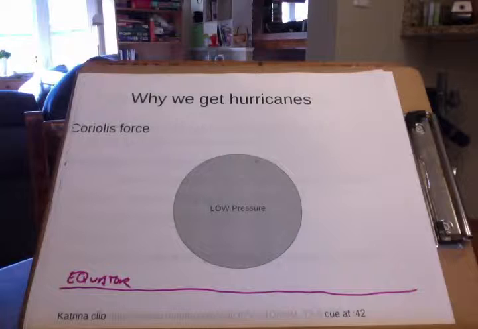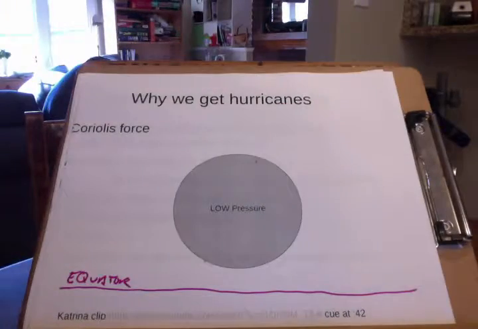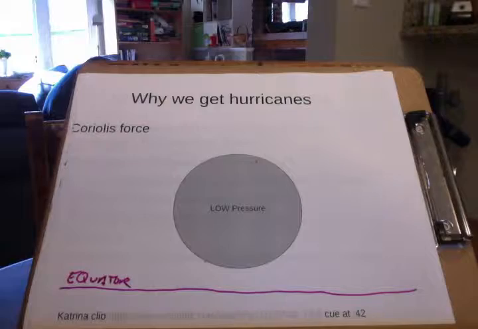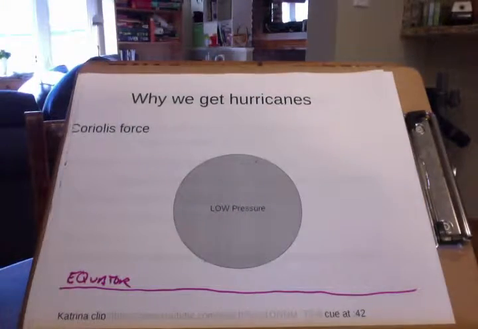I'm not going to get into meteorology. You can do that in another class, or think back to probably elementary, middle school science. But a low pressure area appears. The surrounding high pressure gases, of course, want to move towards the low pressure area.